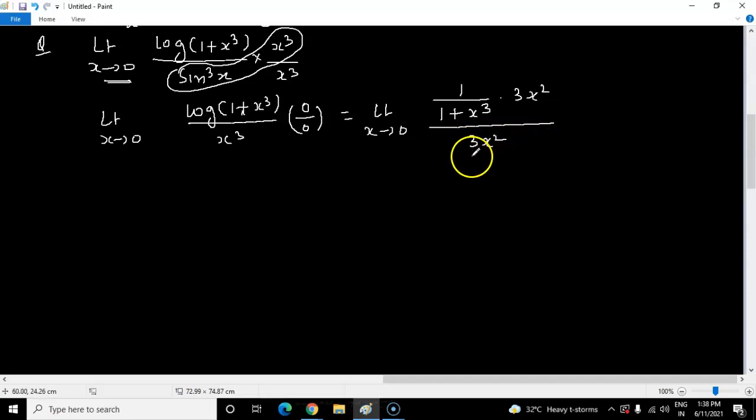So now 3x square, if you take this and this part will get cancelled. So if you put 0 here, that is 1 by 1 plus 0. That is what, 1. Okay. 1 is the answer. So if you know this trigonometric property, it will be easy to find any type of trigonometric functions. Okay, so the property is easier. Okay, sir. I'll copy it, sir.